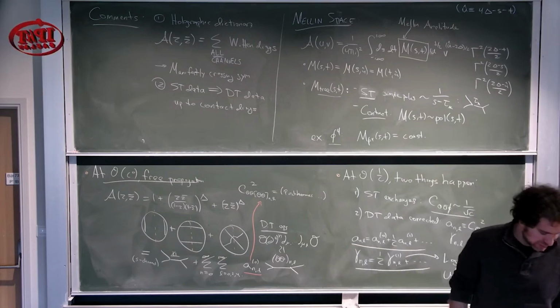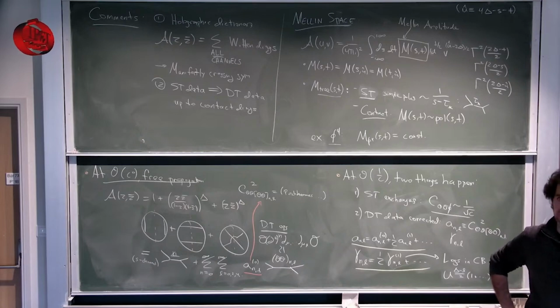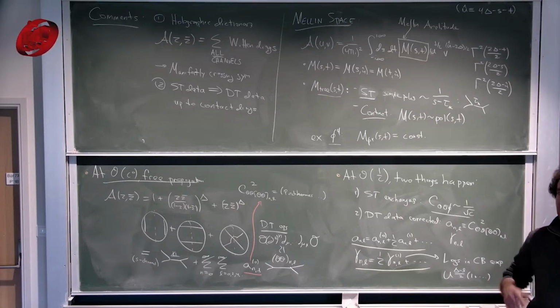So that question is a legitimate question. In the string context, where we understand things constructively, the answer is the flat space string theory from which your AdS background descended.